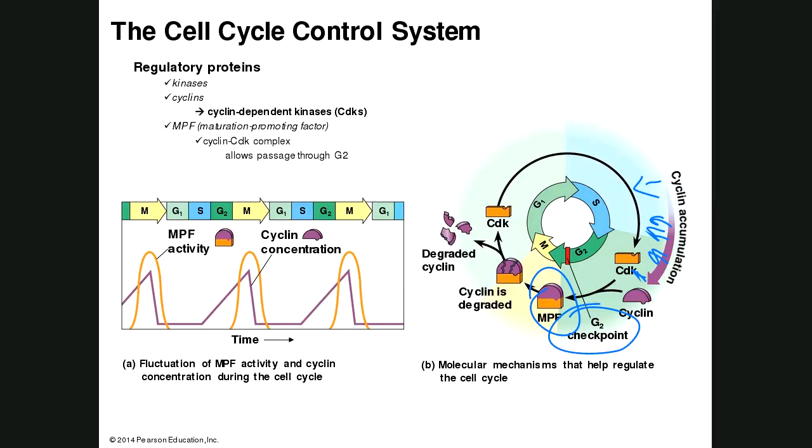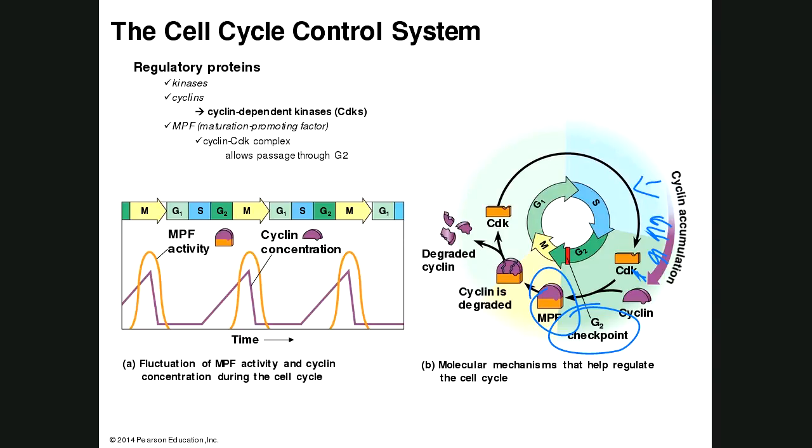Now, the chart on the left shows you the relative concentrations of the two. It says the same thing that I told you. The cyclin concentration goes up and then drops. Right after division occurs, you would think, what happens to all that MPF? Well, right after mitosis, another chemical signal starts breaking down the cyclin.